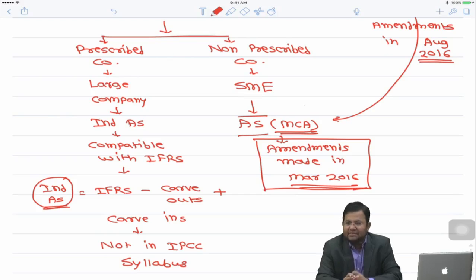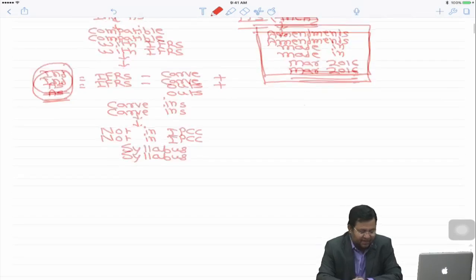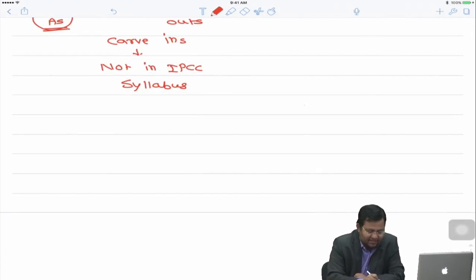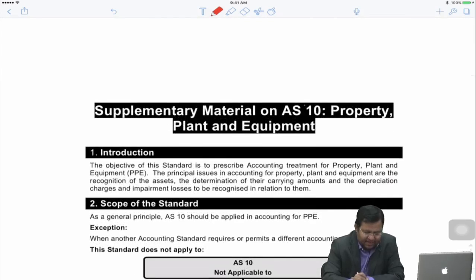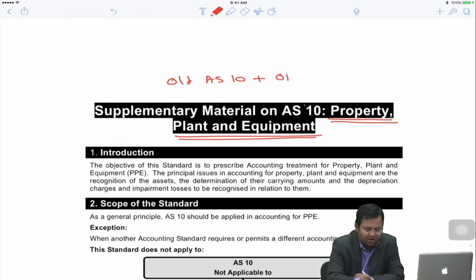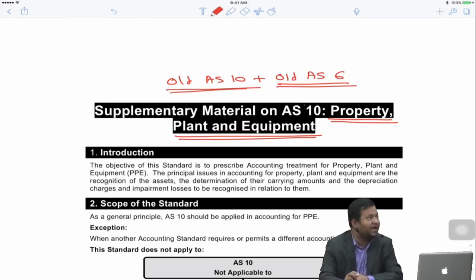But principles of fixed asset standard also have undergone a change, and today the revised standard is known as AS10 property, plant and equipment. So property, plant and equipment is old AS10 plus old accounting standard 6. लेकिन इनमें principles में बहुत सारे change हो चुके हैं.